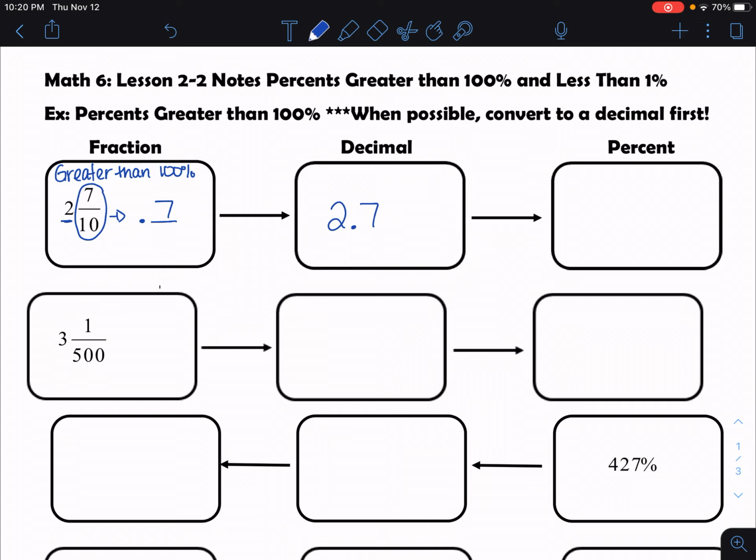Now I'm going to change that decimal into a percent. To go from a decimal to a percent, I'm going to multiply by 100 or move the decimal two times to the right.